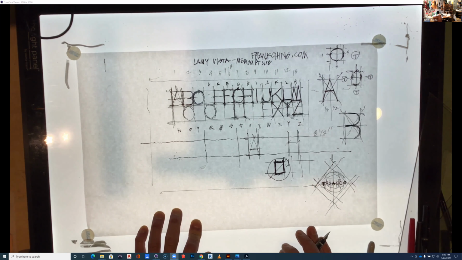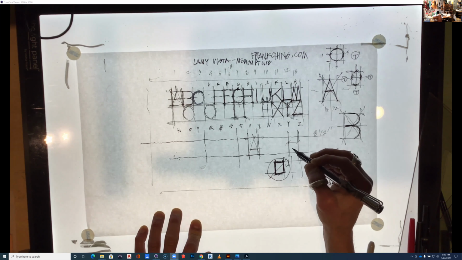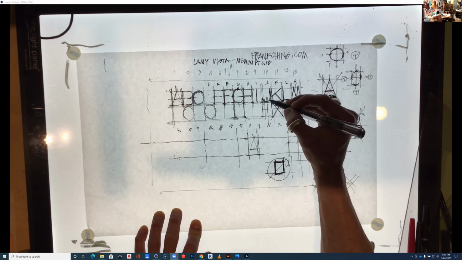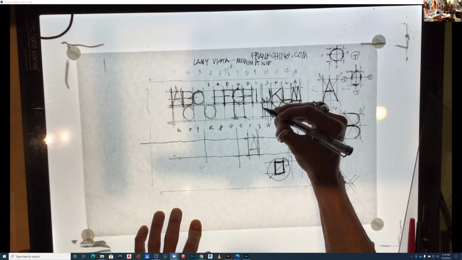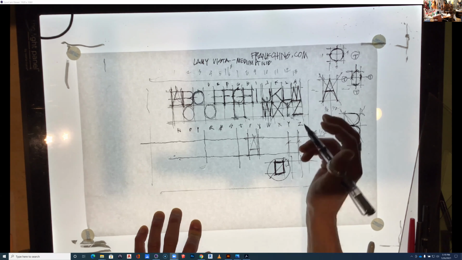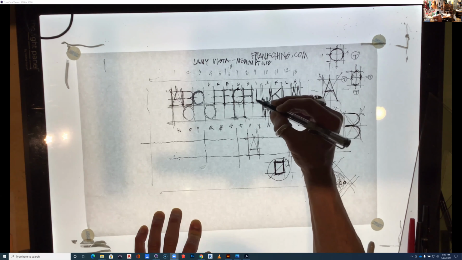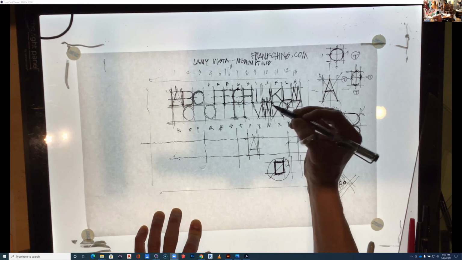Same with the letter W. Divide this thing in half, and half again. V is just a letter A upside down without the crossbar.